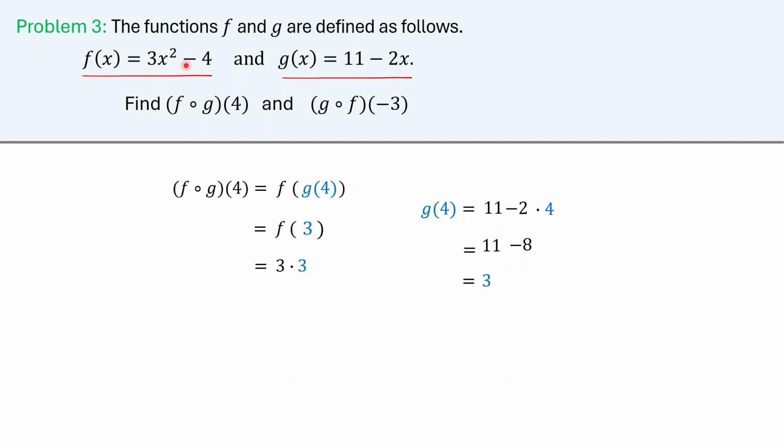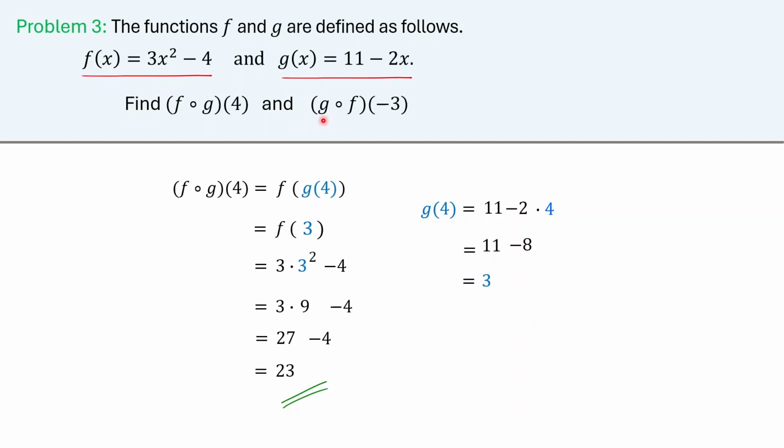So 3 squared minus 4 is equal to 3 times 3 squared is 9 minus 4 is equal to 3 times 9 is 27 minus 4 is equal to 27 minus 4 is 23. So f of g of 4 is 23. Note that if there is a number here, your answer will be a number.